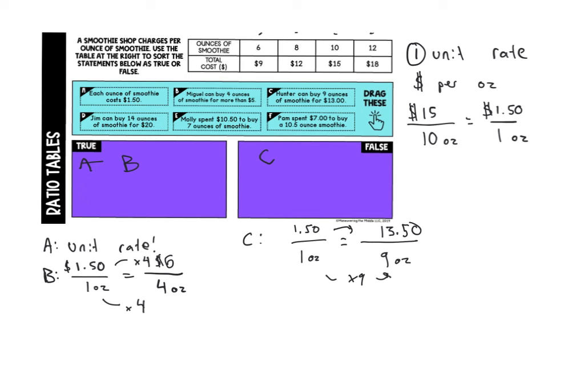I'll do one more, and then I'd like you all to try the rest yourselves. D. D says Jim can buy 14 ounces of smoothie for $20. So if he has $20, can Jim buy a 14-ounce smoothie? Let's find out. Same process. $1.50 for 1 ounce. We're going to set that equal 14 ounces.